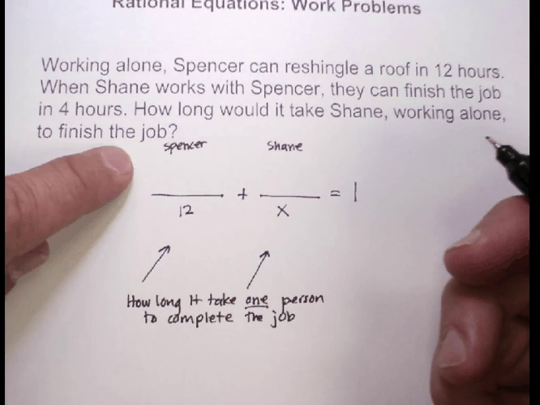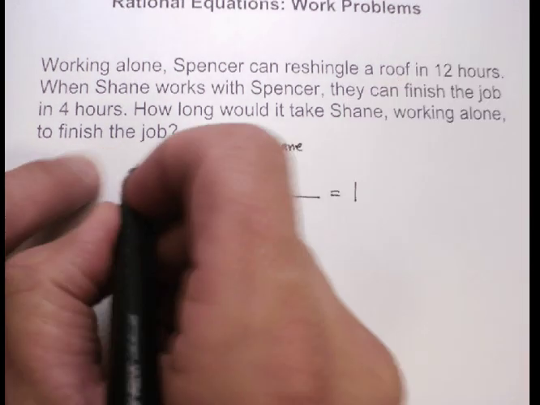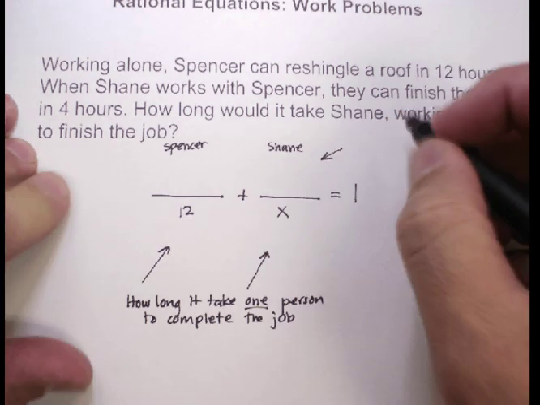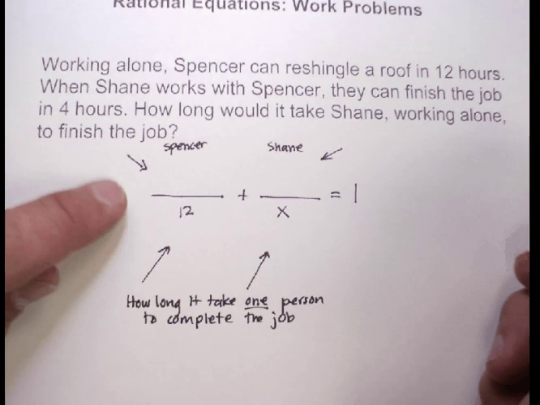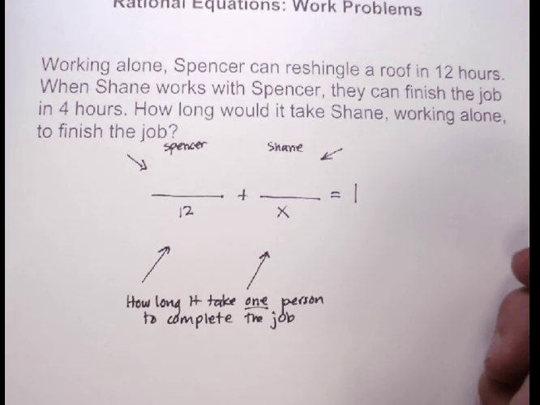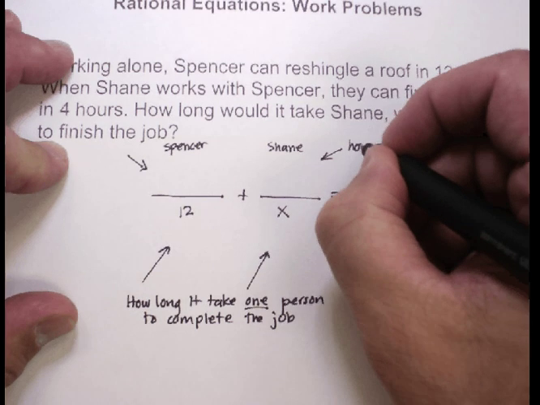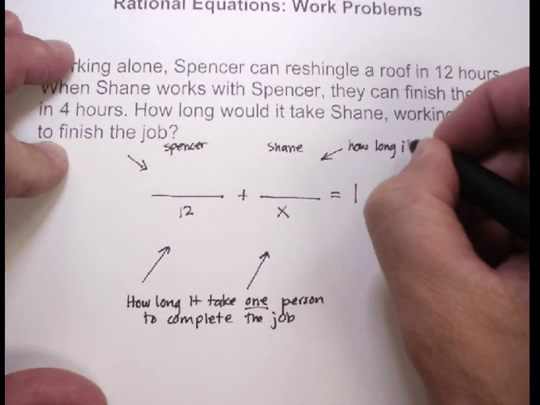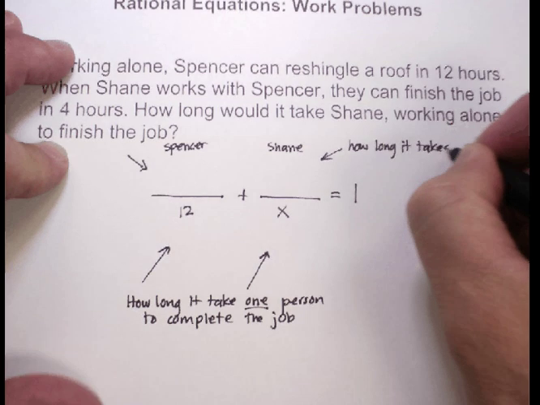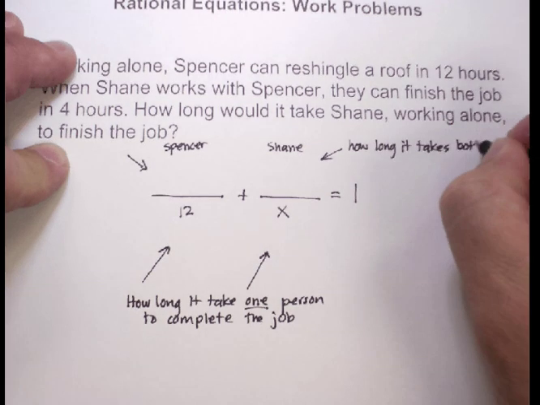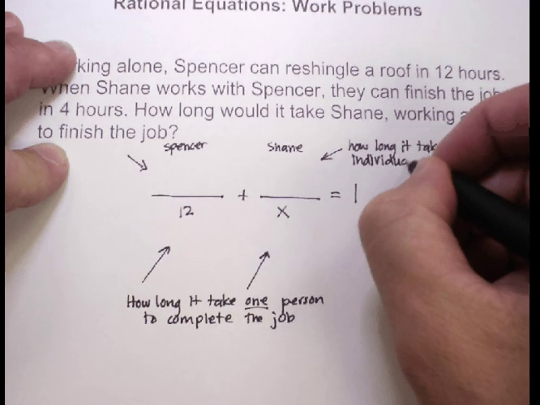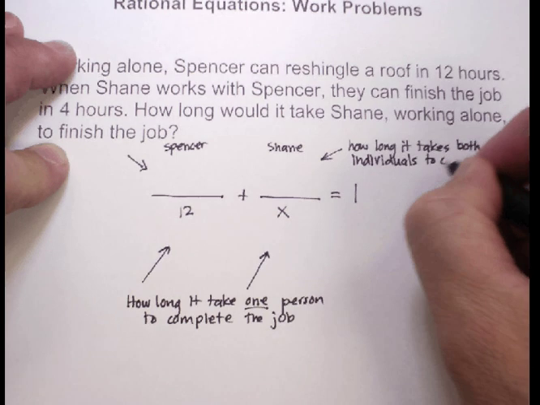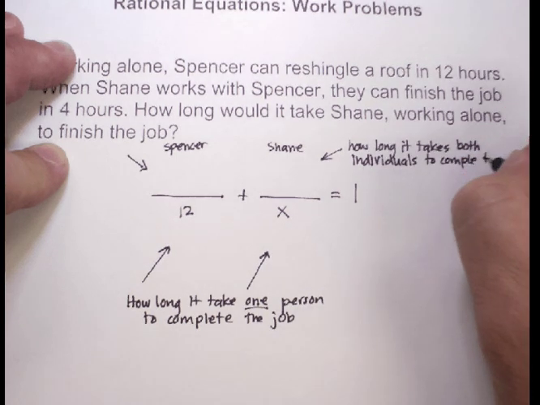Now, what are we going to put in the numerator? In both numerators, you're going to put the same thing up there as well. And that's how long it takes both of them to complete the job. How long it takes both people, both individuals, both machines, both cars, whatever, to complete the job.